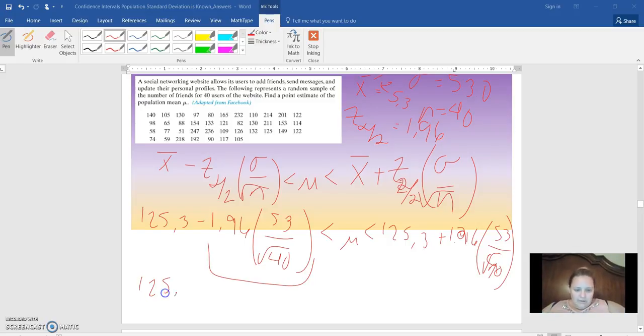So I get 125.3 minus 16.4, and 125.3 plus 16.4.